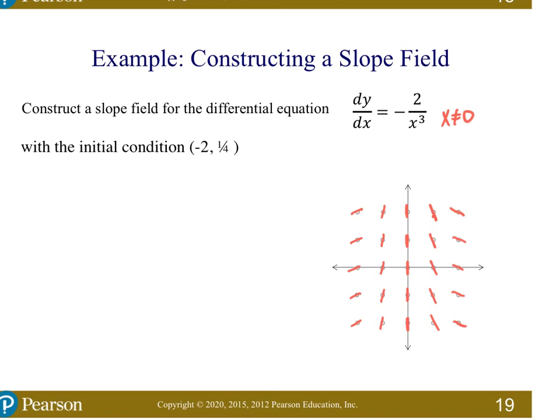So that's about, let's estimate, about right here. So starting from there, we want to follow the slope field pattern, but we can't cross the vertical asymptote. So it's going to be coming up with an increasing slope, getting to the point maybe where it's vertical, coming up maybe through there.